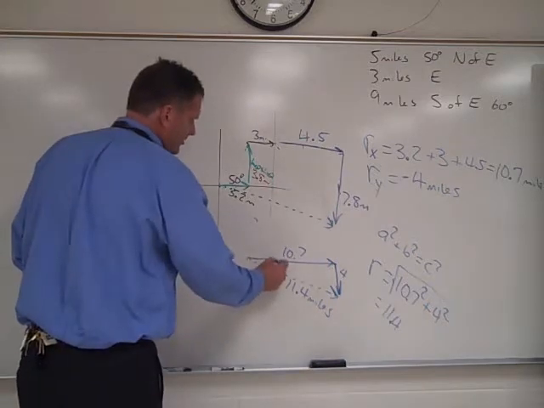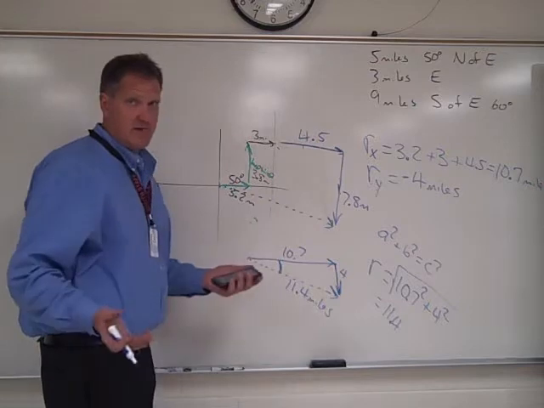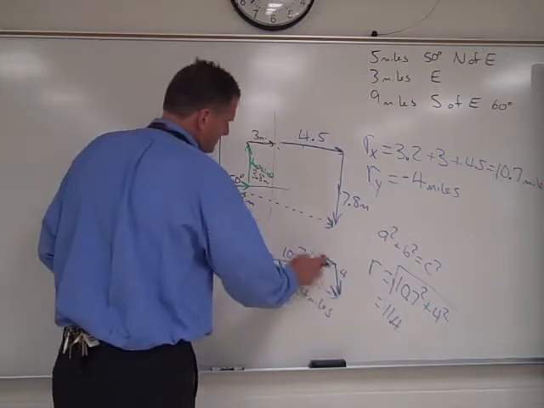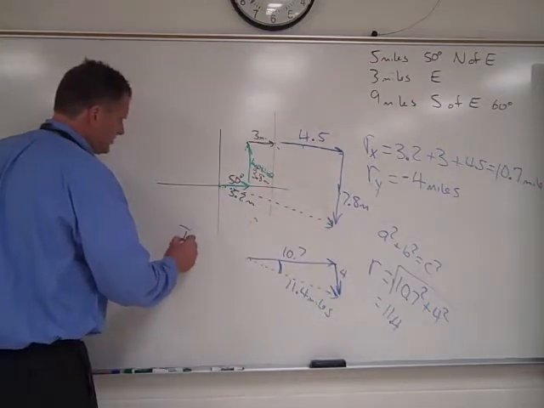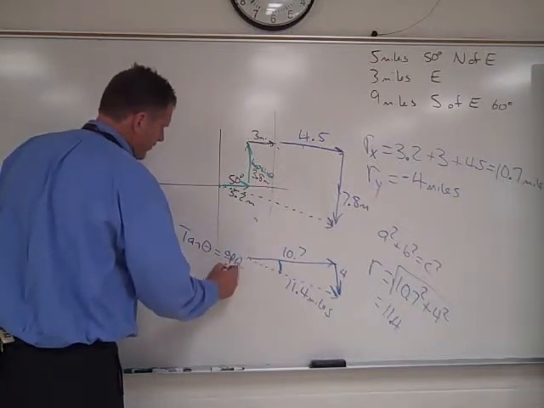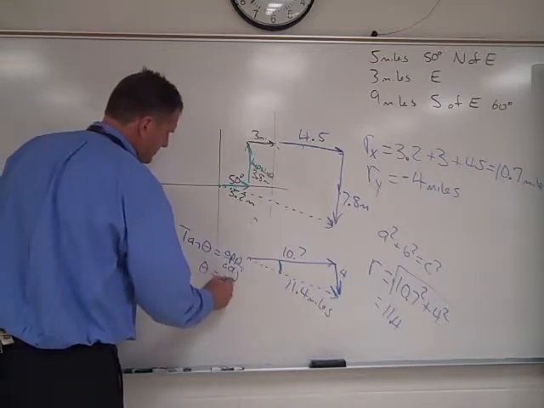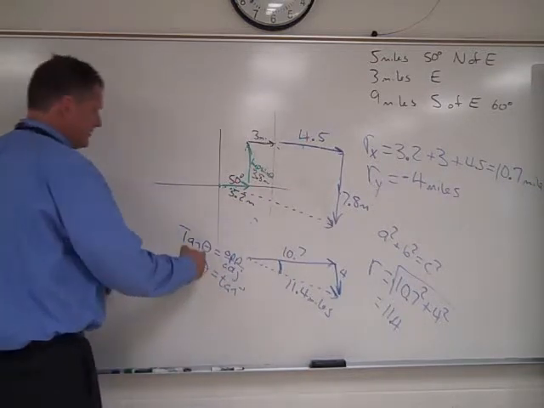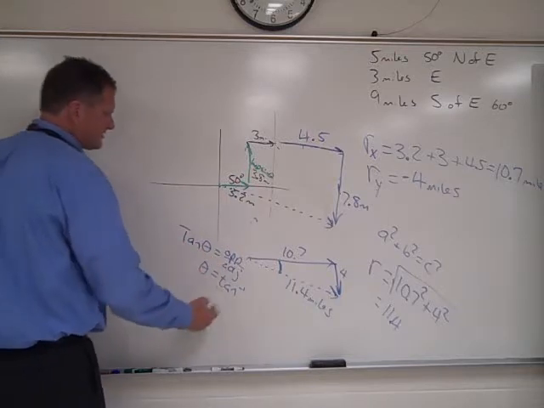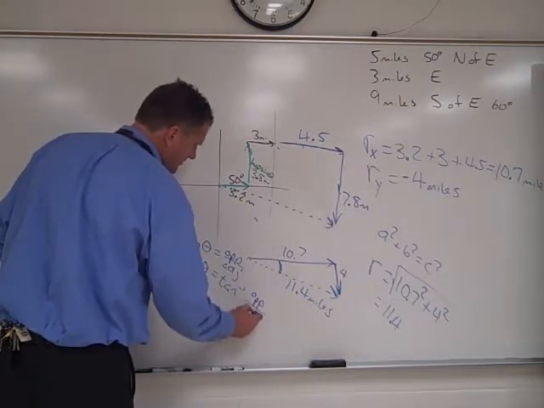What's this angle? I usually use the TOA. This is the opposite, this is adjacent. So tangent theta is equal to opposite over the adjacent. Theta is equal to tangent negative 1, the inverse tangent, because I brought it across, opposite over the adjacent.